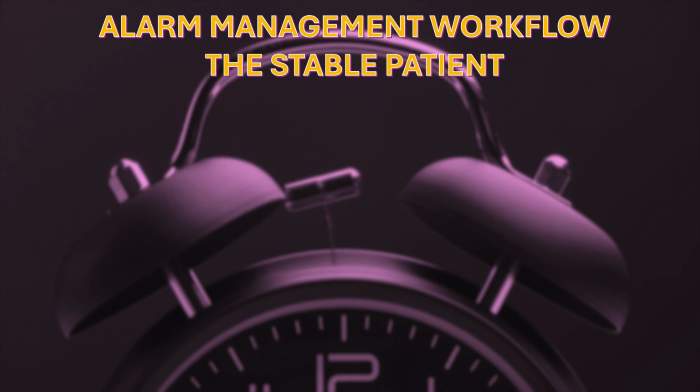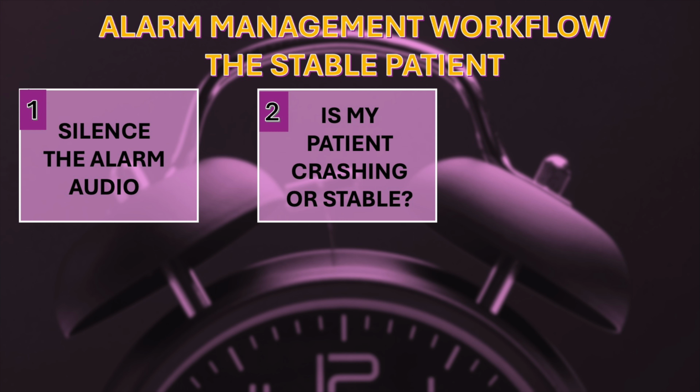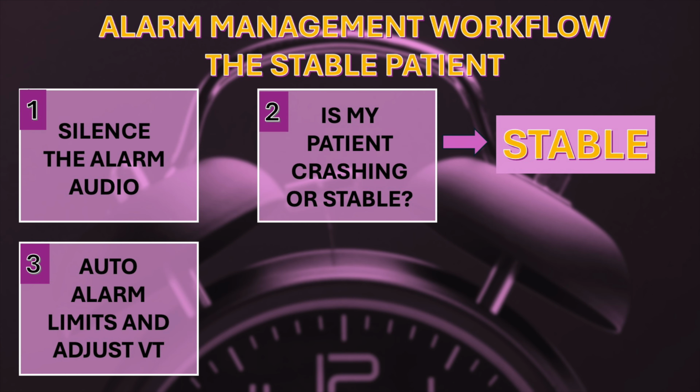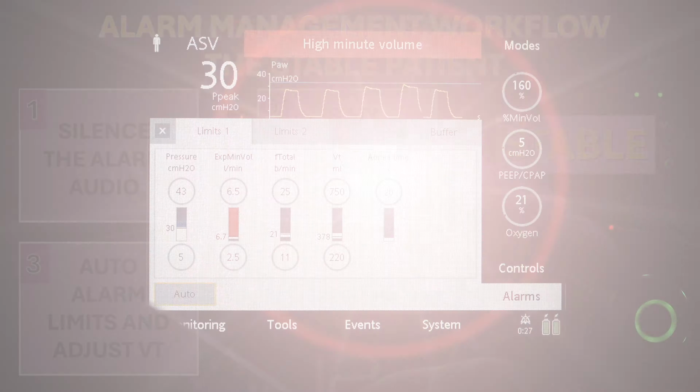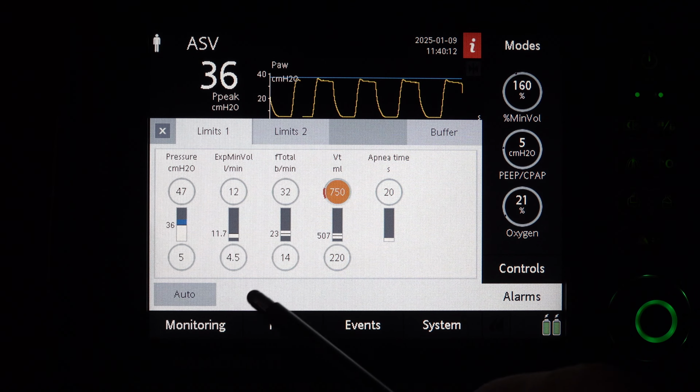So to review, for the stable patient with alarms, step 1, silence the audio. Step 2, ask a crucial question: is my patient crashing or stable? The patient is stable with alarms, so in step 3, we tap the auto button and manually change applicable alarm limits.